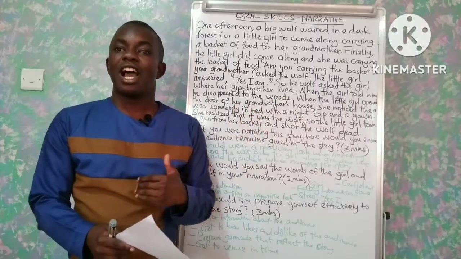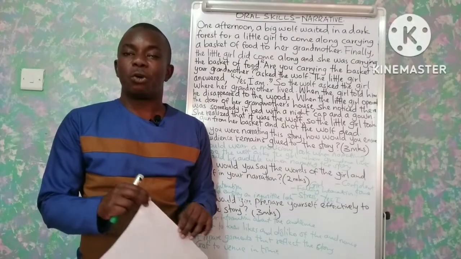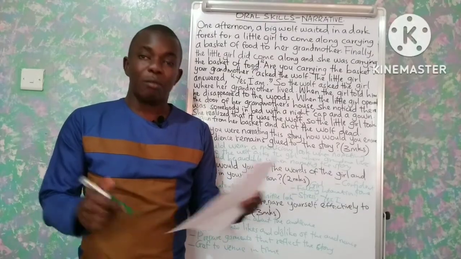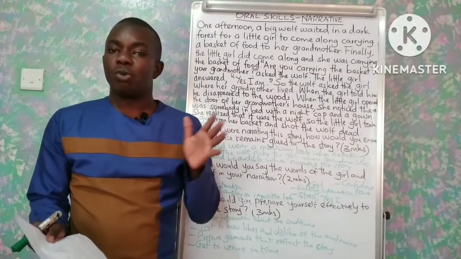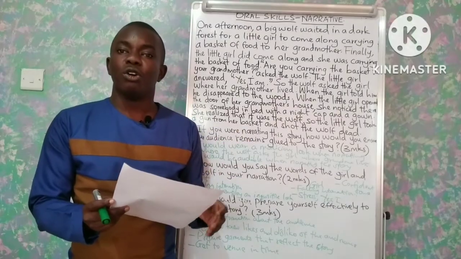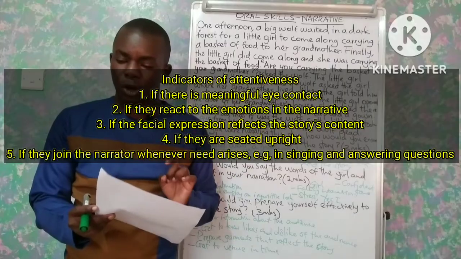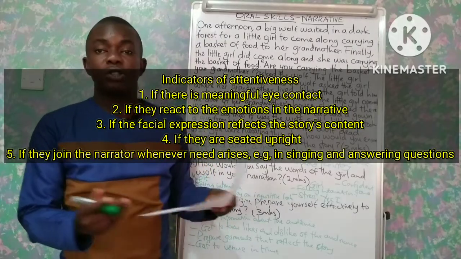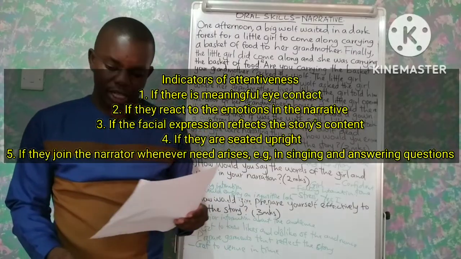Another question that you could be asked, you could also be required to bring about the indicators of attentiveness. How will you know that your audience is with you and following your story? So you will look if there is meaningful eye contact from your audience. You will also check if your audience reacts to the emotions of the story.